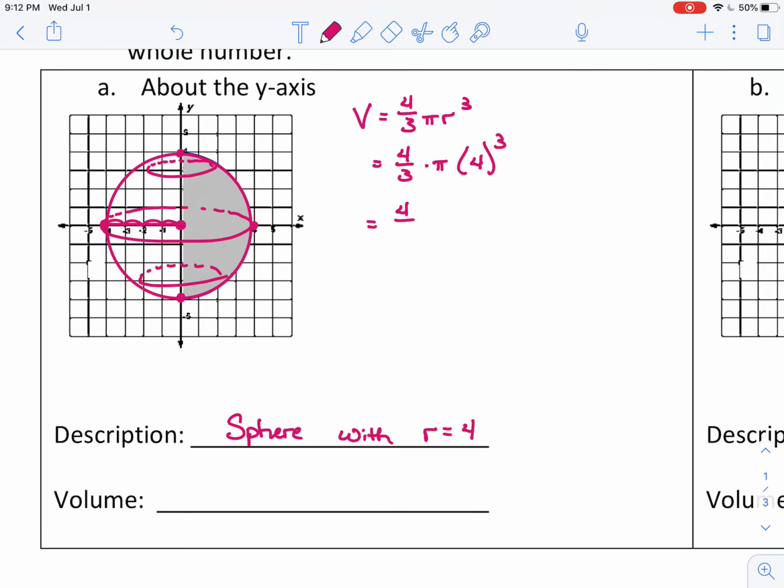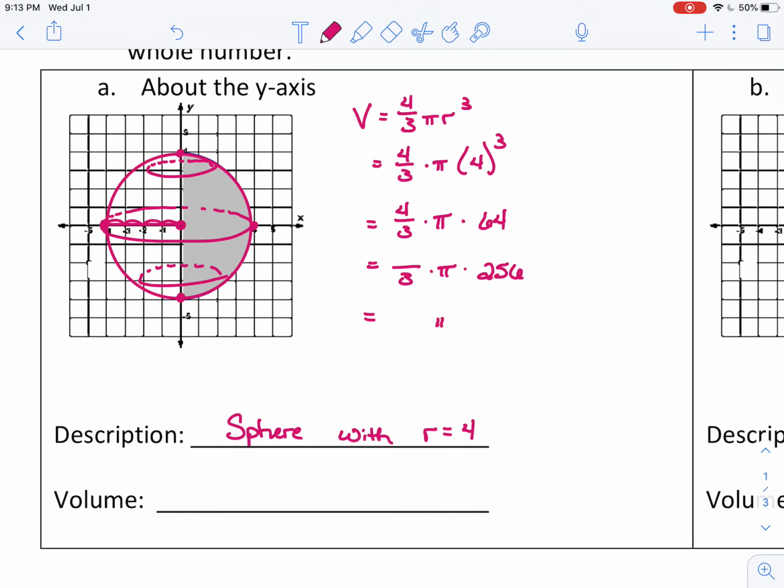So the first thing I'm going to do is 4 to the 3rd power. 4 times 4 times 4 is 64. I'm going to ignore the divide by 3 for a second and just multiply that by 4, and get 256. That number does not divide by 3.